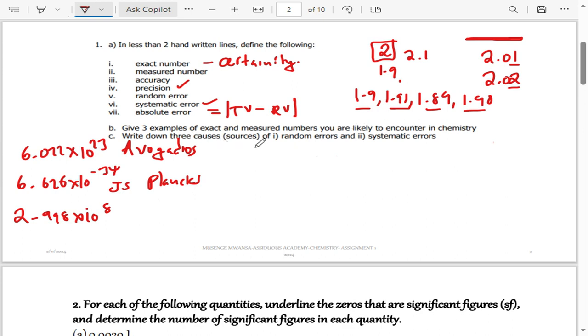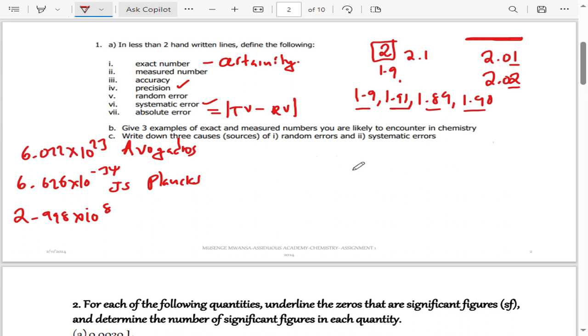Write down the 3 causes of random errors. Now, what are the causes of random errors? Random errors, as we said, the problem is not with you. The problem is you can't stay away from these mistakes. For example, they can be instrumental limitations, imperfection in measuring instruments.